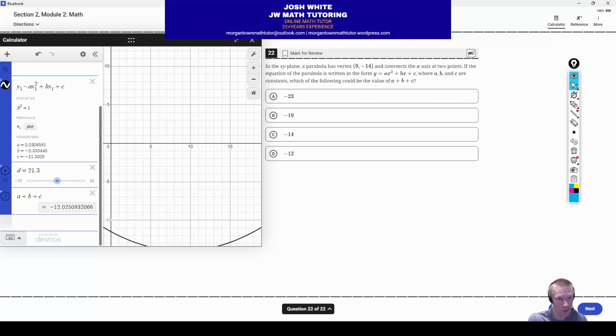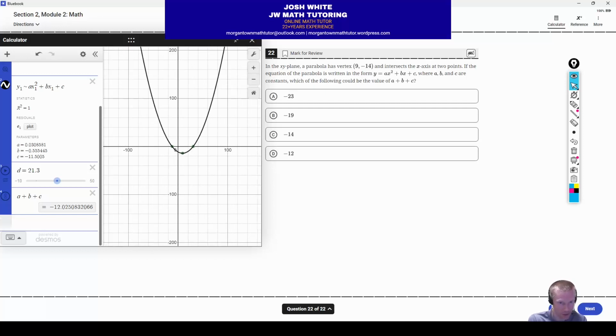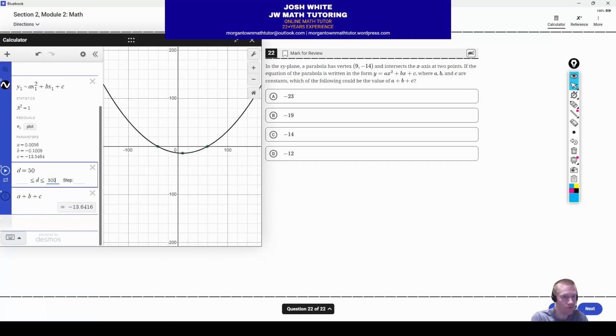But here's how you know that for sure. Let me zoom out so we get a better picture of the graph. Notice as I continue to increase, even up to 50, let's jump it up to 500 and I'll set the step value at 5. Notice as I'm scrolling, it's negative 13.9 and getting really close, negative 13.995.